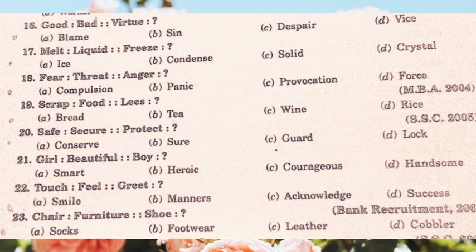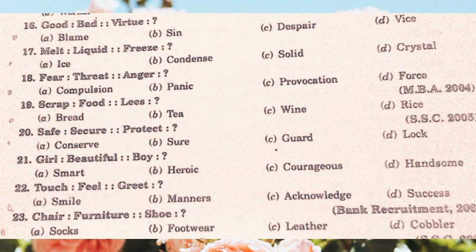That is the meaning of guard, and exactly the meaning in which safe and secure are used. If you are secure, you will be safe. If you have a guard, it means you are protected. So answer C is the right one.